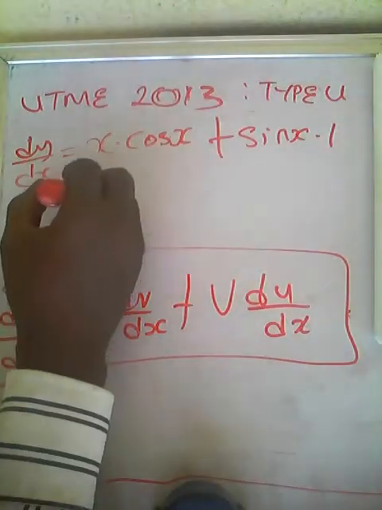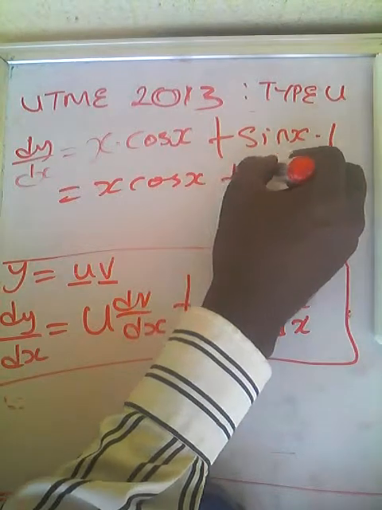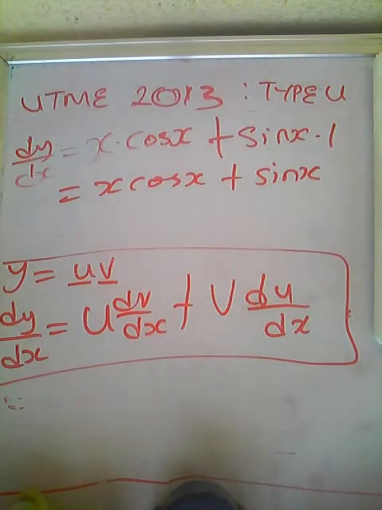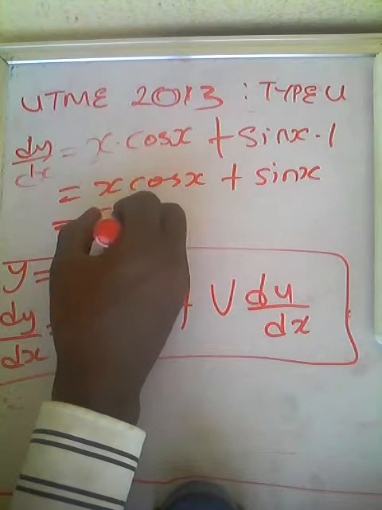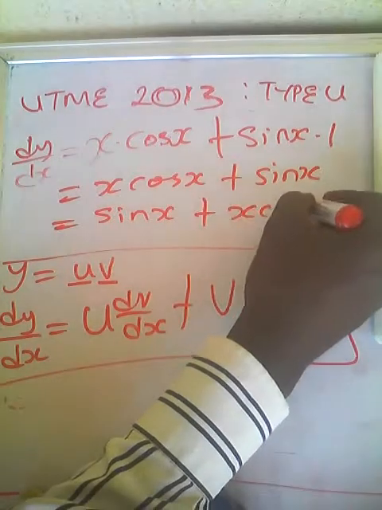So we have x cos x plus sine x. That is our derivative. When we look at the options, that is option B, which is rearranged as sine x plus x cos x. That's all.